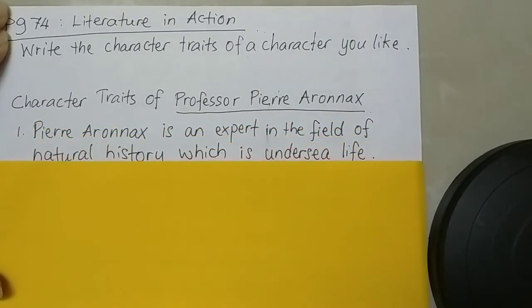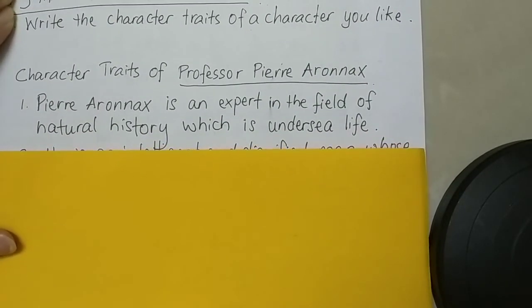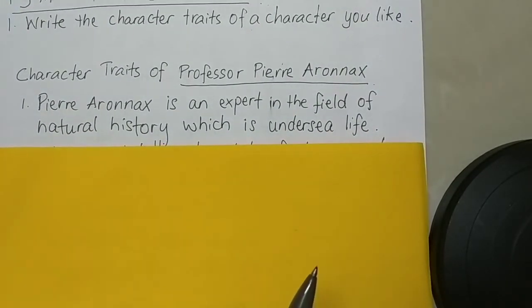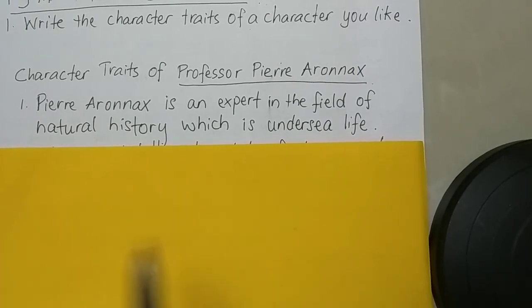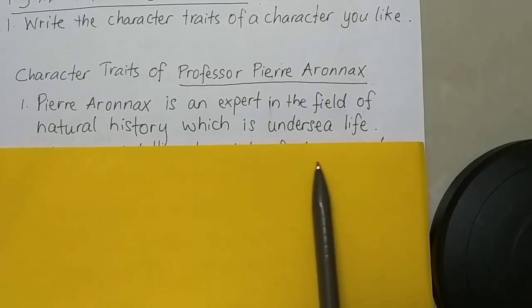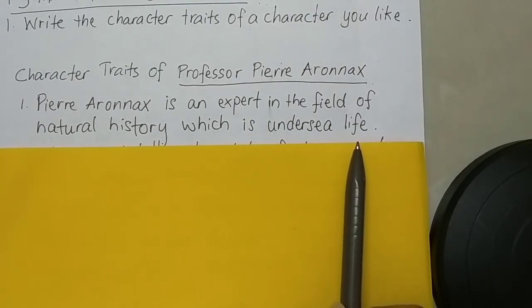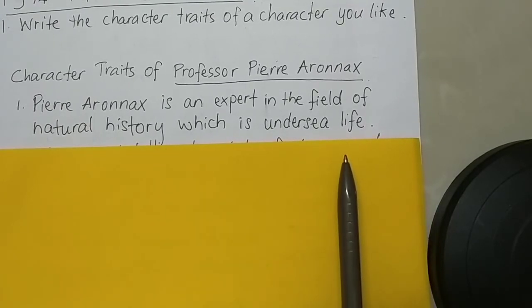Here there are 4 traits that I found. Let's take a look. The first one: Pierre Aronnax is an expert in the field of natural history, which is undersea life. So you are to write this down into your book on page 74.